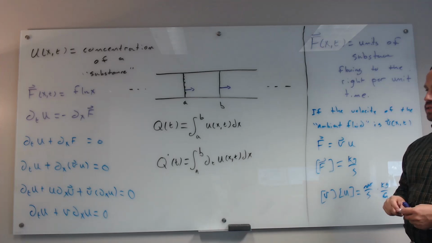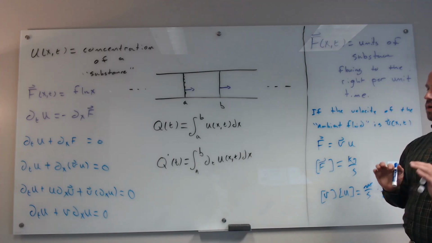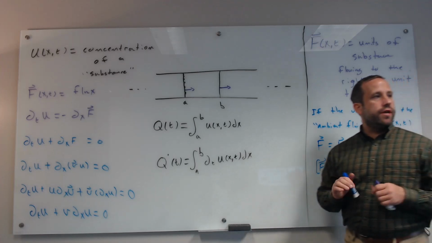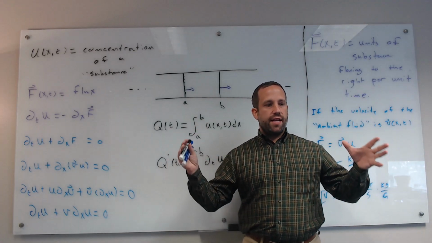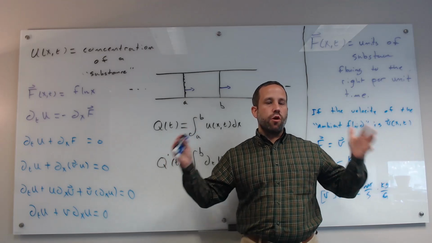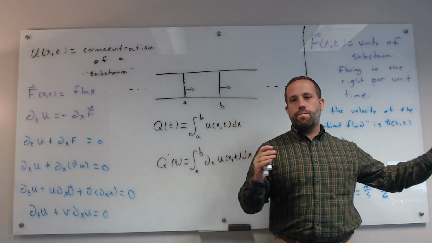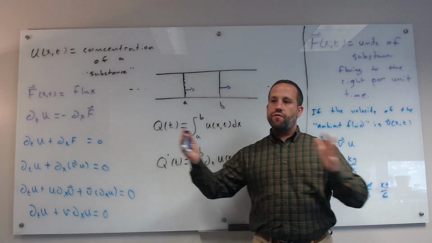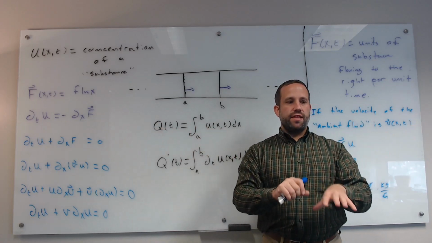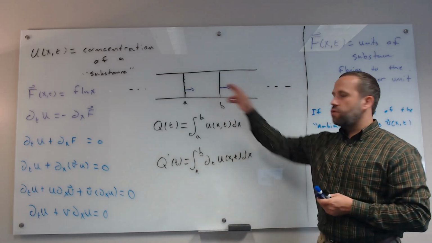One thing to mention, though: when we were looking at the diffusion equation, you might remember that I talked about a quantity in a river or something, and I said we're assuming that the river is not moving, but the quantity is diffusing. Here it's the opposite. We're assuming the river is moving, but we're not really assuming that the quantity is diffusing. That's why I use the example of wood chips.